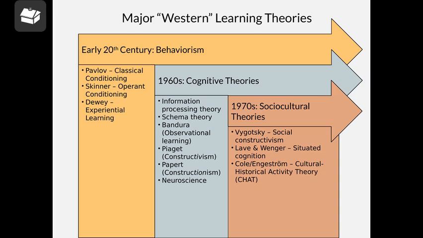The 60s, arguably the 60s, some say the 50s, but it's debatable. The so-called cognitive revolution. It's a little difficult to express how revolutionary these times were. Behaviorism was incredibly powerful.